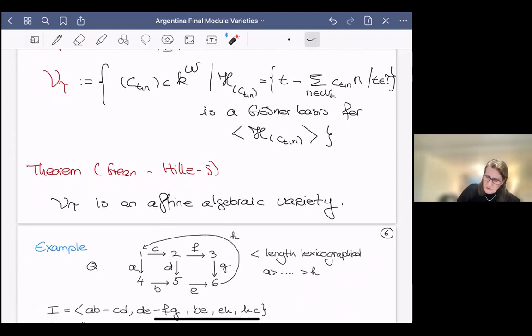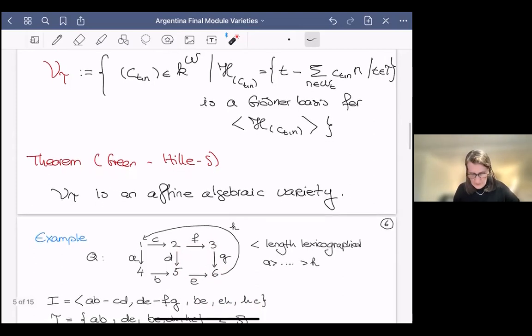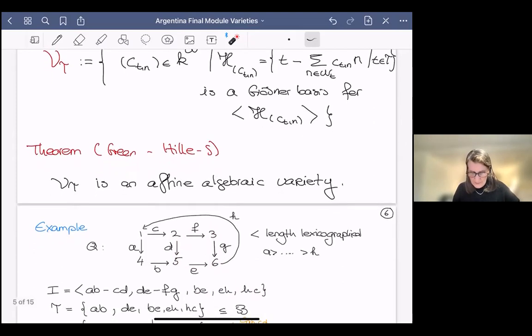Okay. Now, because I want to start with KQ over I, I give myself a two-sided ideal, and the ideal I choose is the one that says this path should be equal to this path, DE should be equal to FG, and then I have a bunch of monomial relations. Okay, and then I can build the associated monomial ideal, where I just pick out for every element in here the tip. So I don't take this, so I only have this.